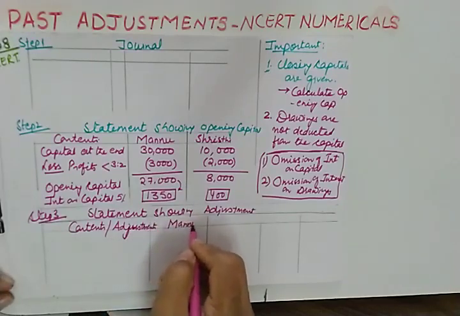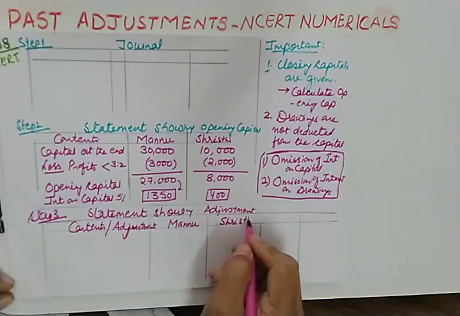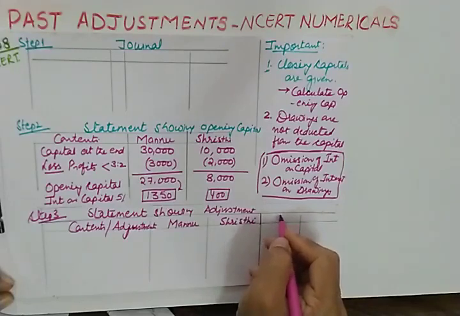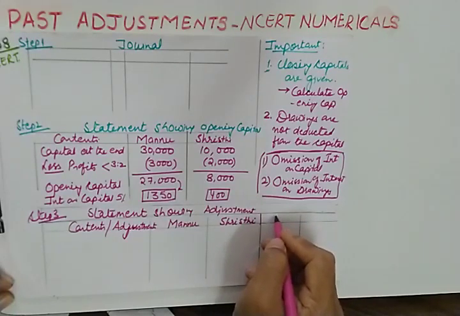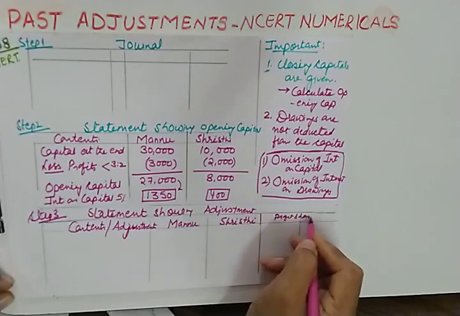Partner 1 is Manu, then next partner is Srishti, and you can also write total here.